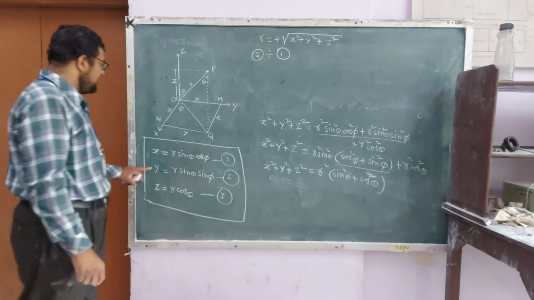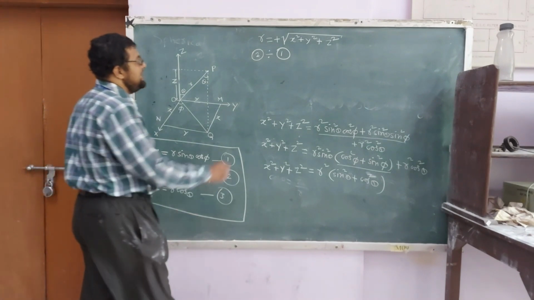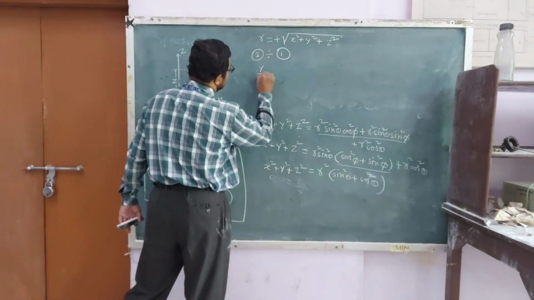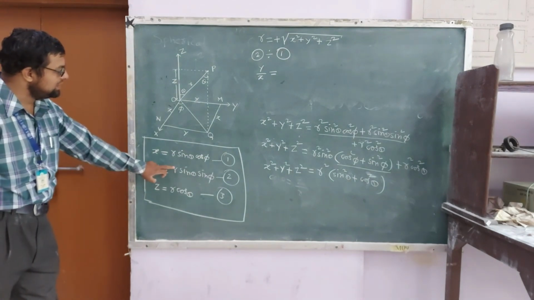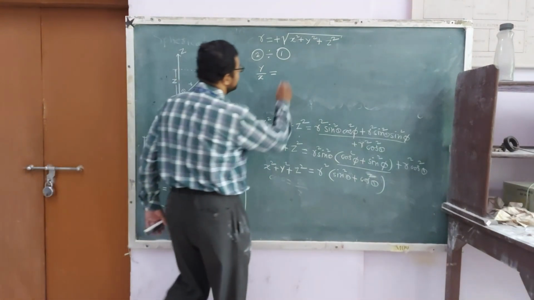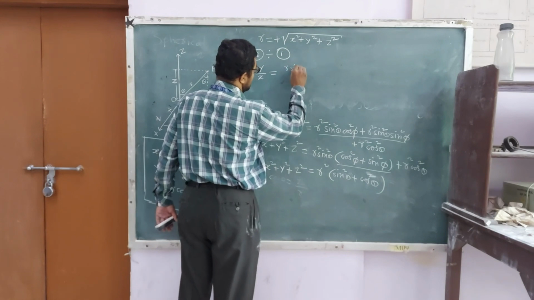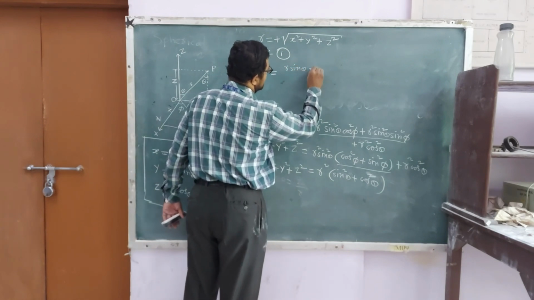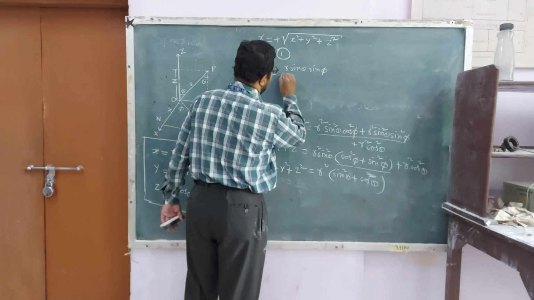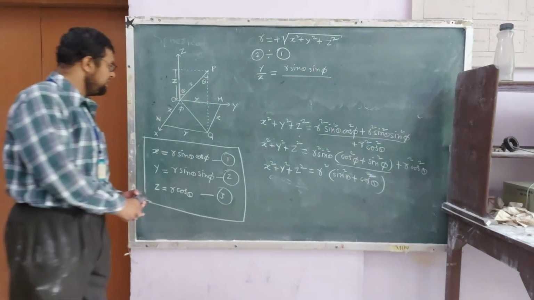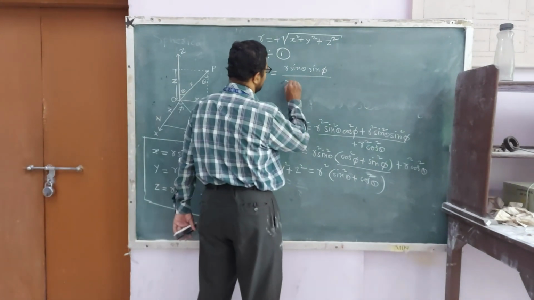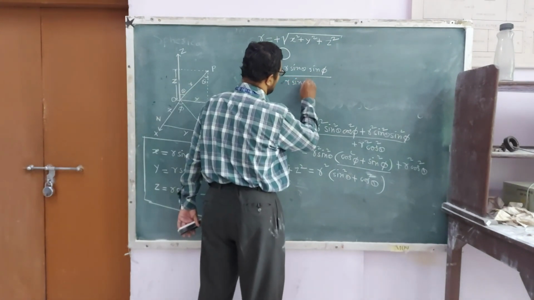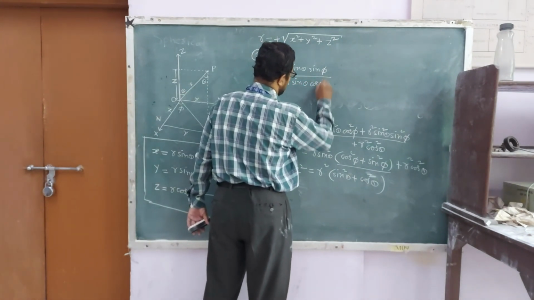So on the right hand side we will get y divided by x is equal to r sin theta sin of phi in the numerator, and in the denominator r sin theta cos of phi.